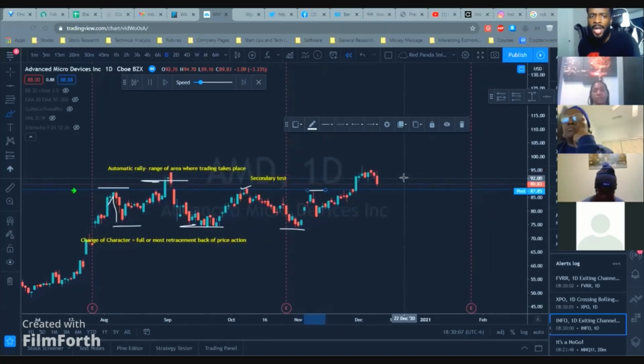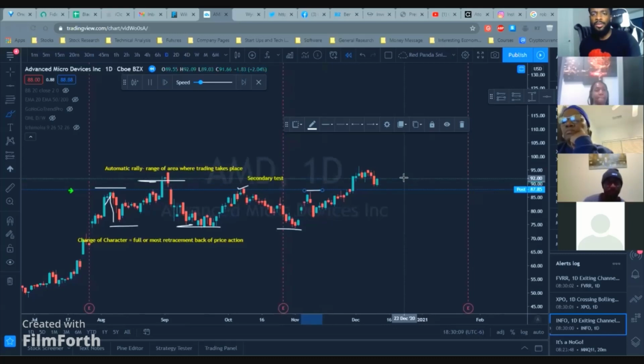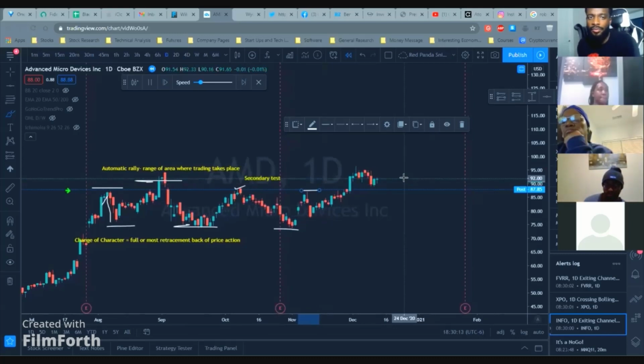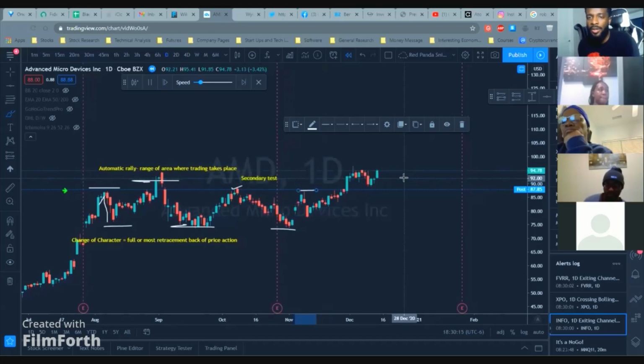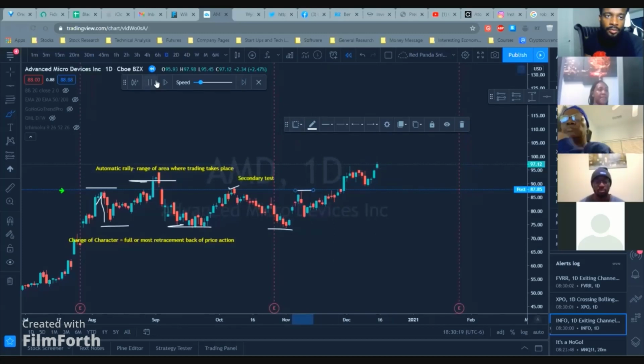Actually, I do think it passed the previous one, but it has a hard time getting into this $90 to $100 area. So as we see here, like this date, December 10th, it starts to go on this run up.